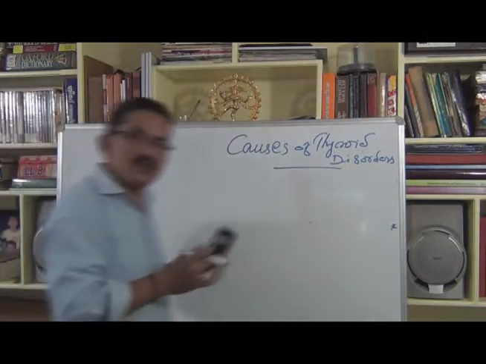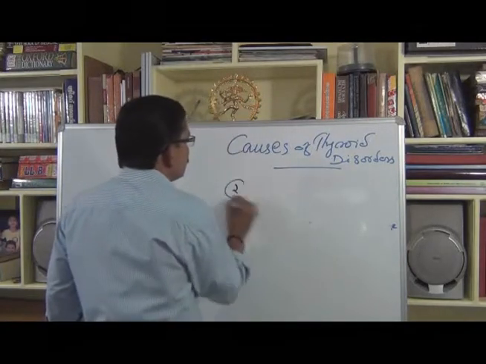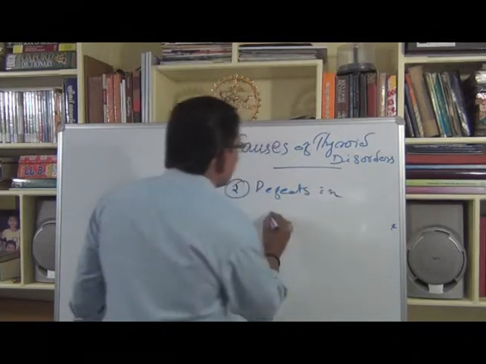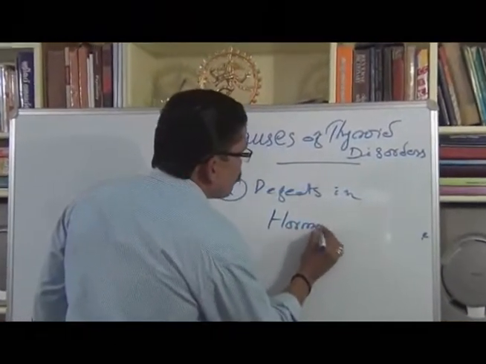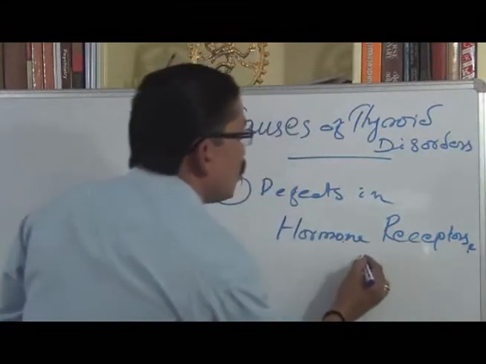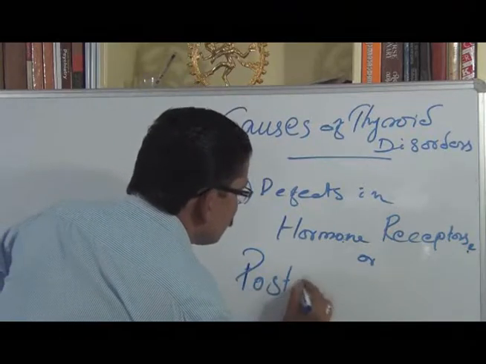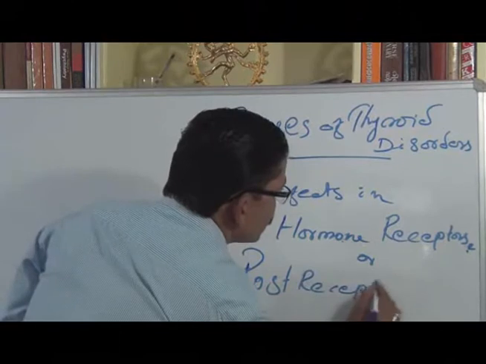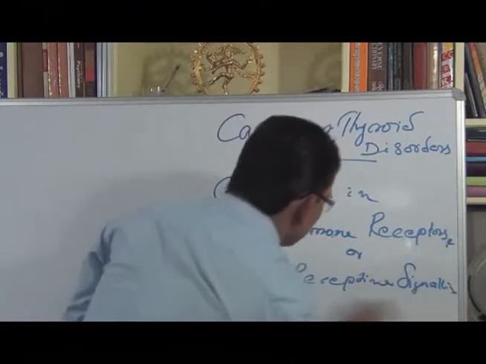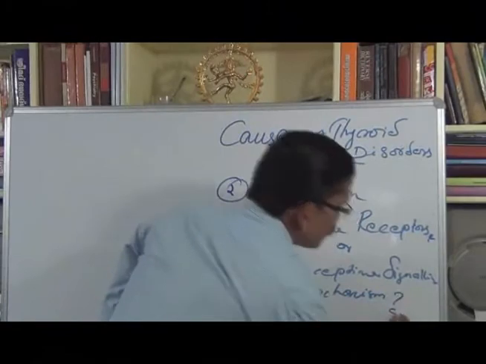Next is about the defects in hormone receptors. Number 2, defects in hormone receptors or post-receptive signaling mechanism. What is it?